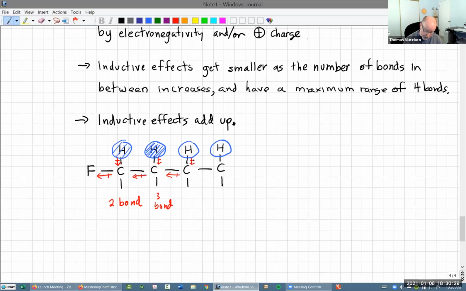This is the four-bond effect. And then this would be 5 bonds. And then this would be just a hydrogen by itself. So this one is going to be the most dense. It's going to essentially be the same as the hydrogen by itself.